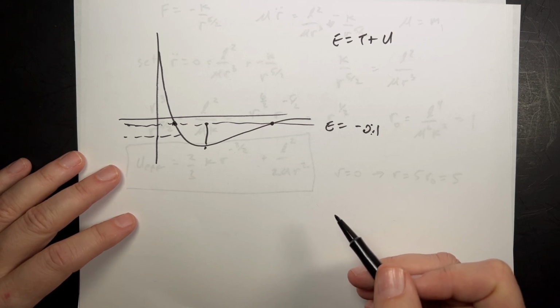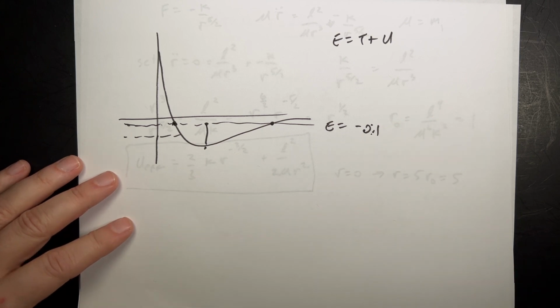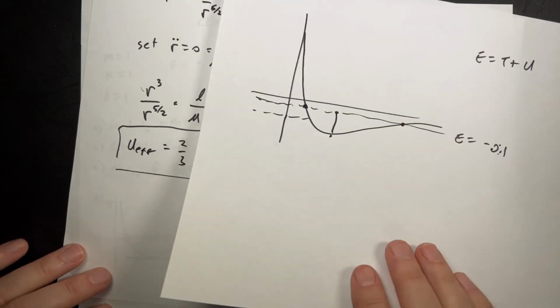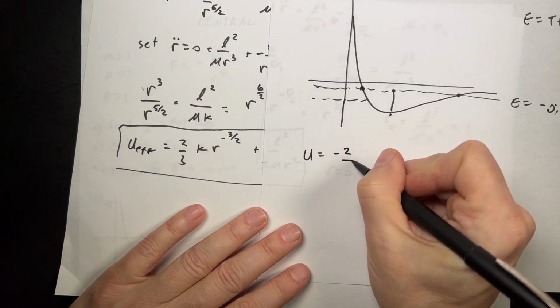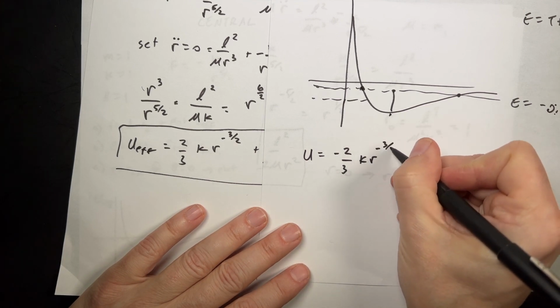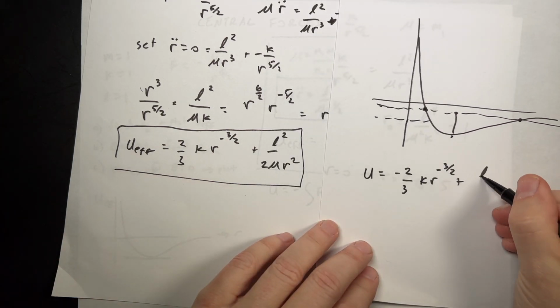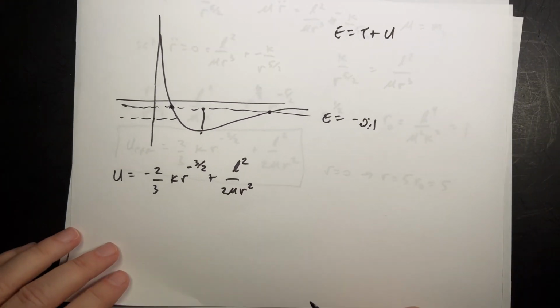Now, could we find that value of R minimum? Not super easy, right? Because let's write my potential right there. So U is negative 2/3 K R to the negative 3/2 plus L squared over 2 mu R squared.